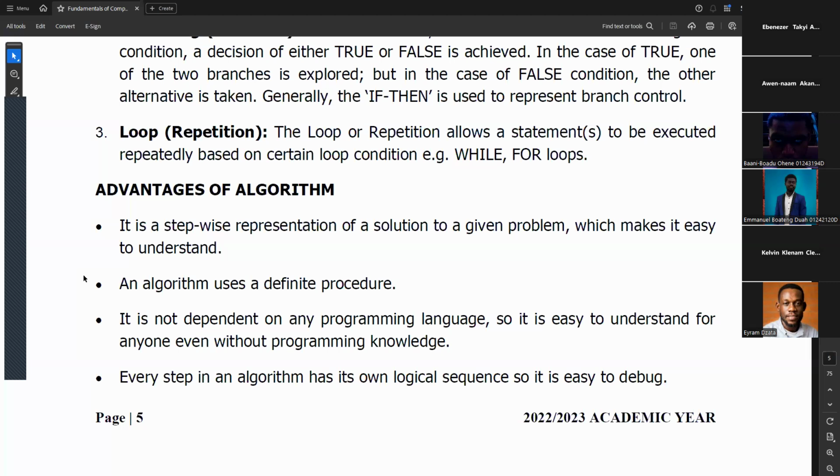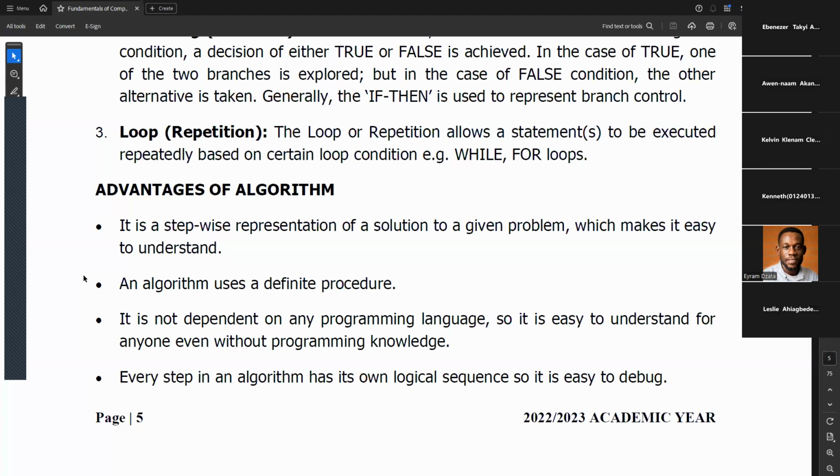The algorithm, in this context, acts like the blueprint to help you write your program. Yes, you can see a problem and start writing the program, but that is not the ideal way of solving a problem as a computer science student. So yes, your algorithm can act as a blueprint to help you write your program.